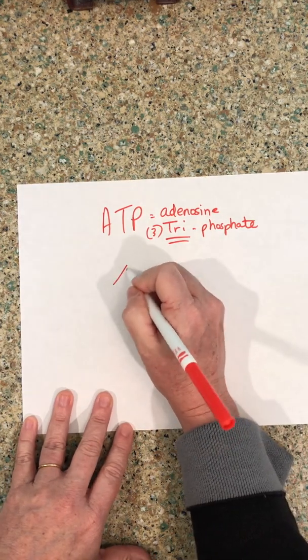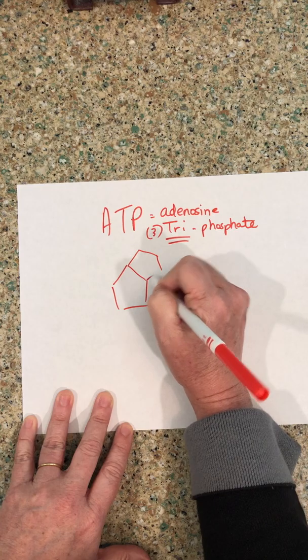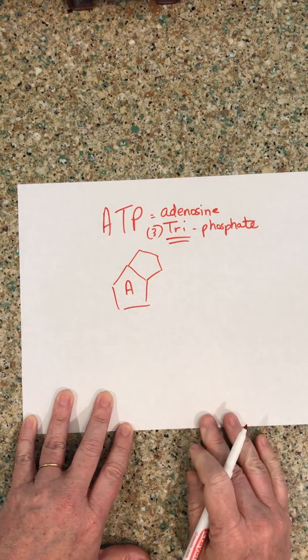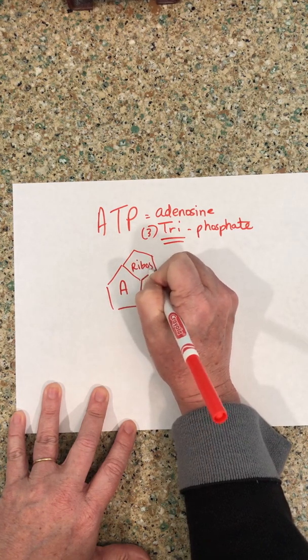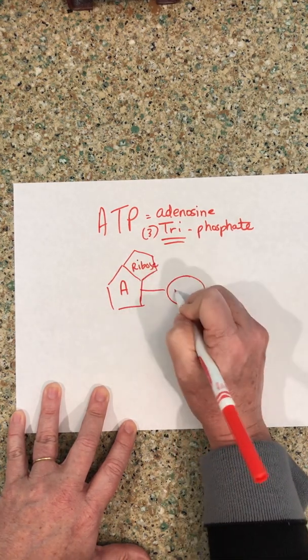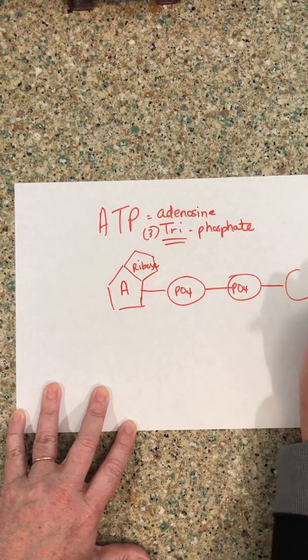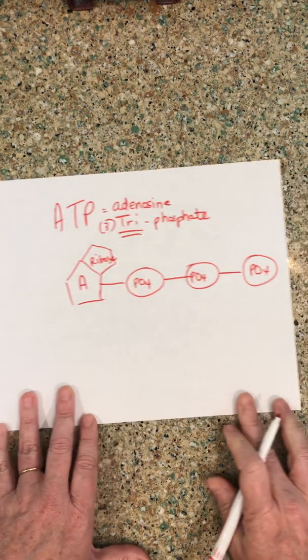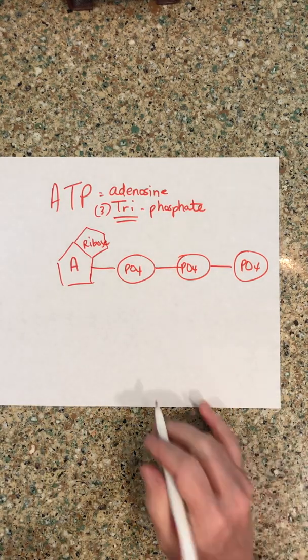So adenosine kind of looks like this. So there's your adenine, okay, with some ribose. And then it has 1 phosphate, 2 phosphates, and 3 phosphates. So it's very similar to a molecule found in DNA. All right, so this is full of energy.